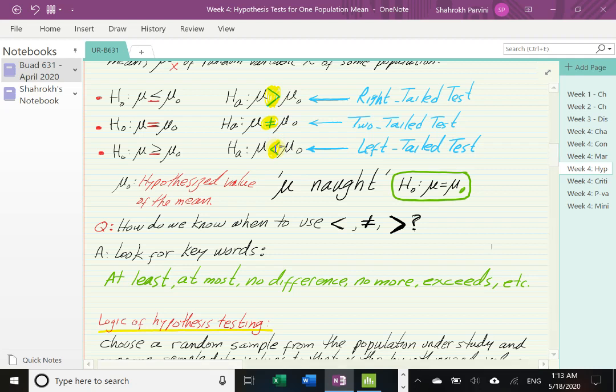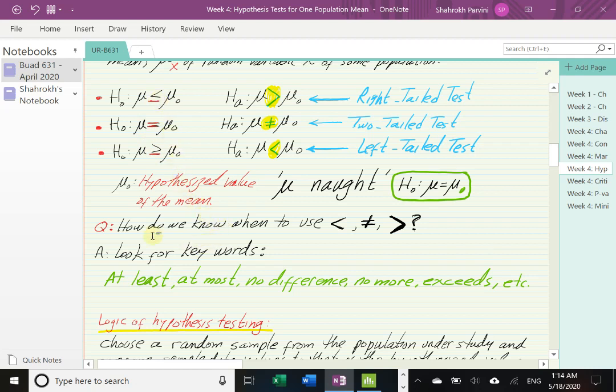When you try to set up these hypotheses on your exams or in your homework or in your research, do not put an equal sign on the alternative. The alternative will never have an equal sign. By contrast, the null will always have an equal sign in it. If you look at all 3 formulations, every one of those has equal.